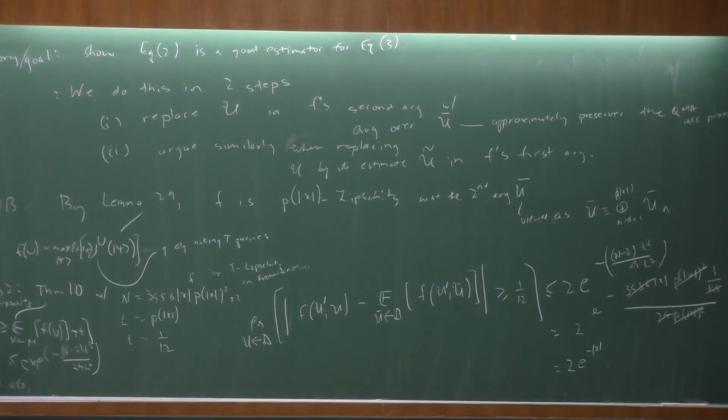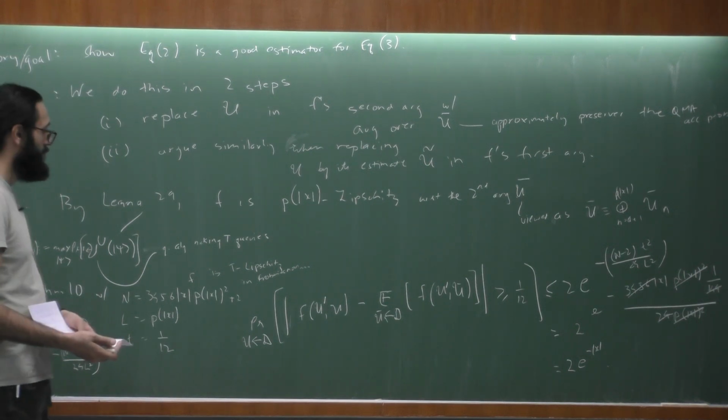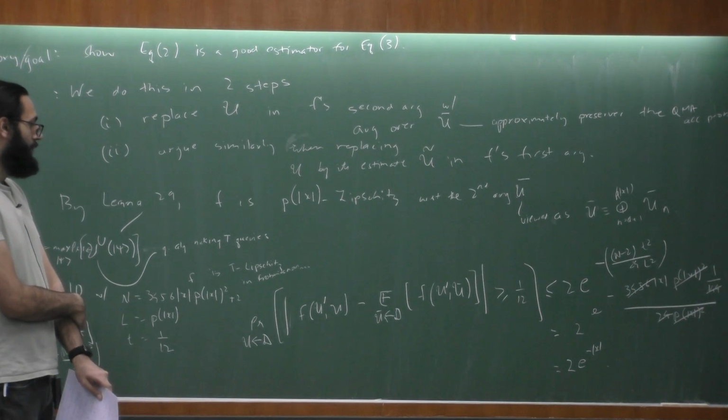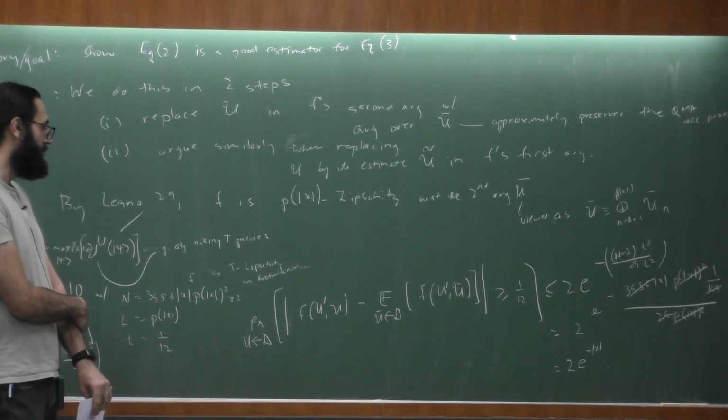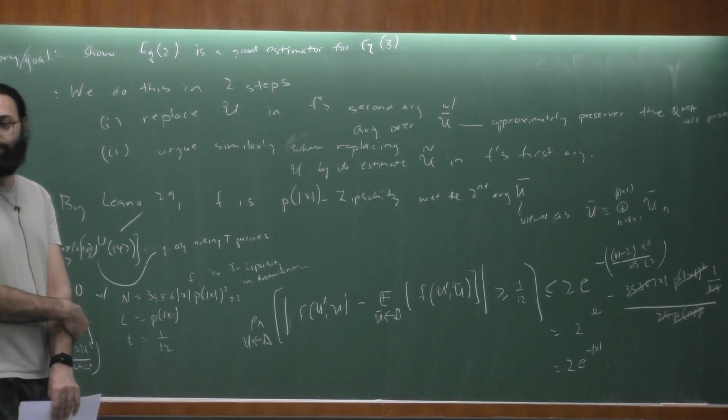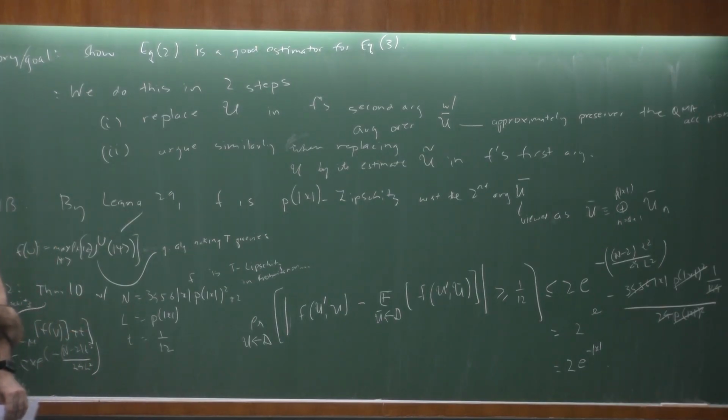Since this is true for all u prime, it must be true for fixed u as well. Maybe it's a special case. You can take u prime to be arbitrary, and in particular, I can take u prime to also be sampled from u, and it should be okay. It's true for every u prime, so even if u prime happens to be identical, it's fine.